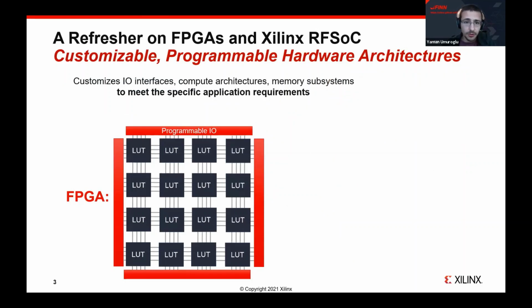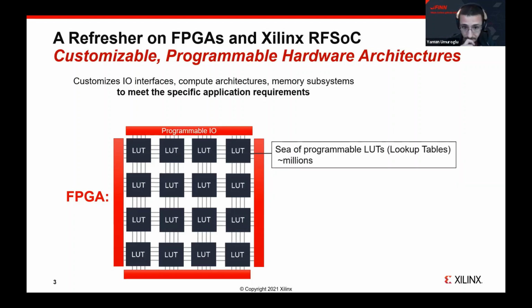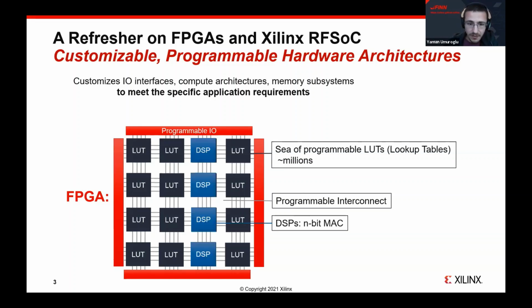A quick refresher on FPGAs and Xilinx RFSoCs, for those who are not familiar. FPGAs are a kind of reconfigurable hardware platform, primarily consisting of a sea of programmable logic cells or lookup tables, which can be in the millions. These can implement any logic function when they're connected together by the programmable interconnect.